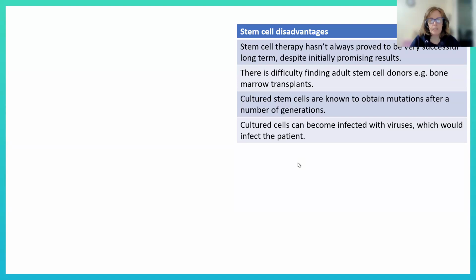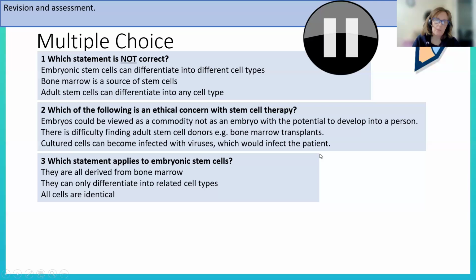Would religious views be considered part of the ethical disadvantages of stem cell use? Yeah, absolutely. I think a lot of people get their morals and ethics from their religious background. So I think this is a huge problem, especially in countries like, for example, the United States, where they haven't got such great rights for women.